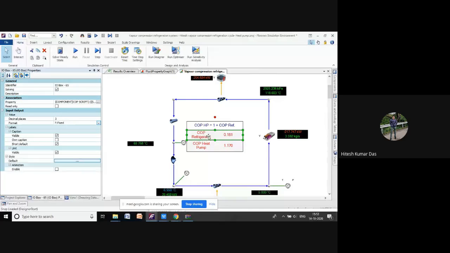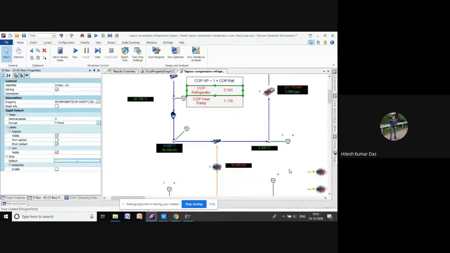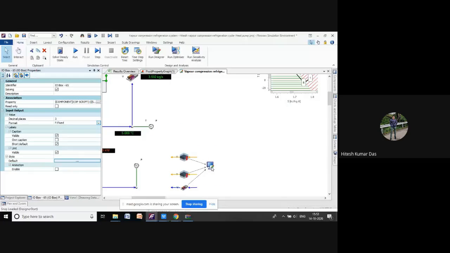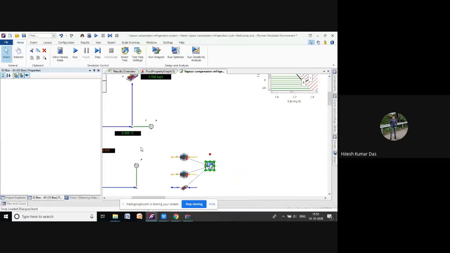You can see here the COP of the refrigerant we are getting is 0.1. For that, we have added a script representing our formula for COP. Let it open, I'll explain.